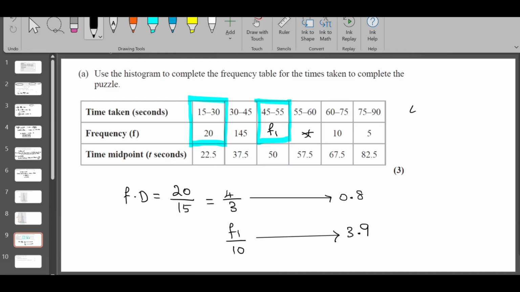So it's going to be 4 over 3 times 3.9. F1 over 10 times 0.8 is equal to 4 over 3 times 3.9. Make F1 the subject.